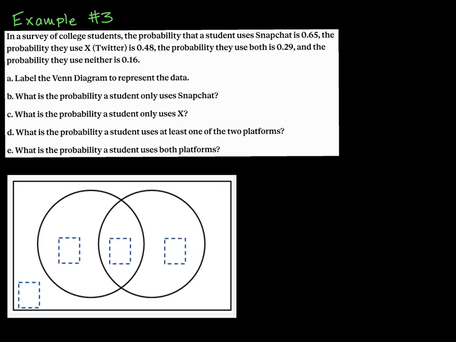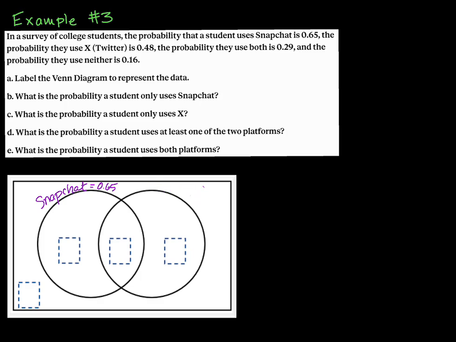So first I'm going to use Snapchat, and this one is going to be X, formerly Twitter. So Snapchat, the whole circle represents Snapchat, and that's 0.65. And this whole circle represents Twitter. Actually, I'm going to use a different color.